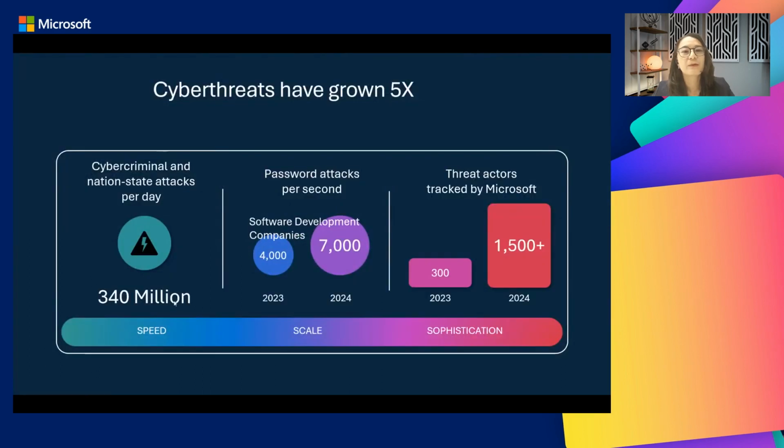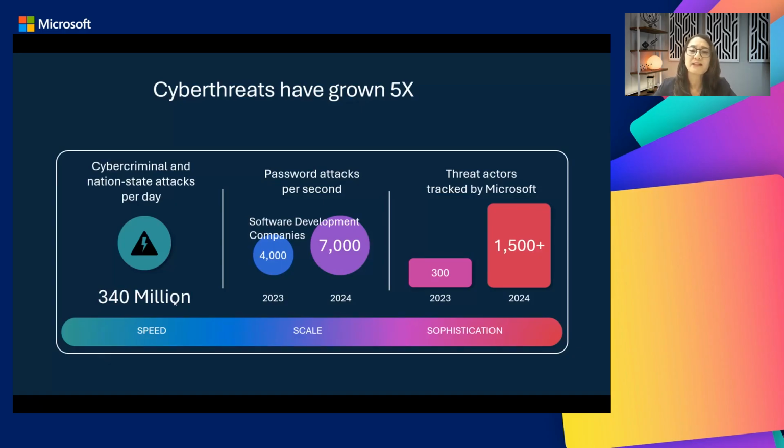Let's start off with the introduction. Cybersecurity landscape is evolving at an unprecedented pace, and the numbers are telling a concerning story. 340 million cybercriminal and nation-state attacks happen every day, underscoring the speed of these threats.